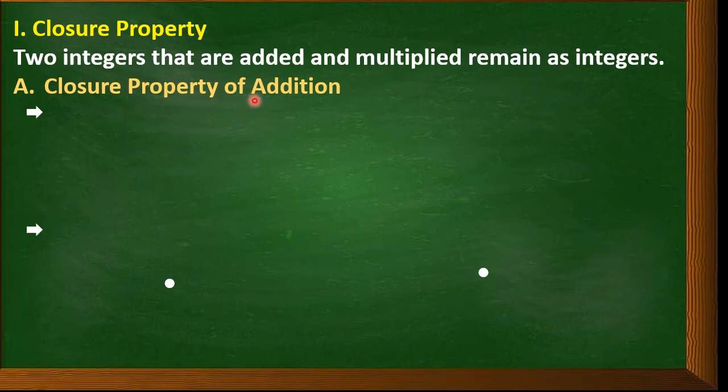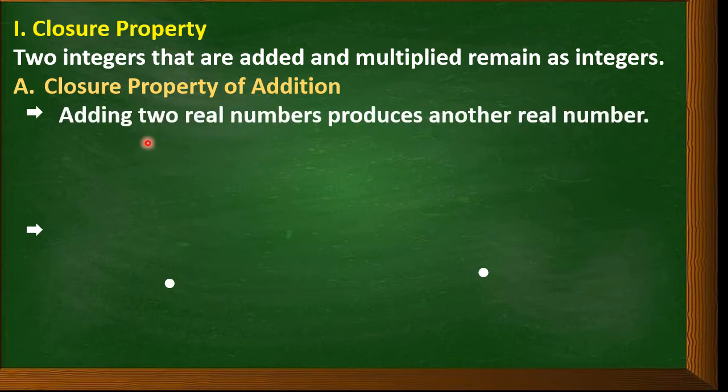Closure property of addition, meaning adding two real numbers produces another real number. Example, if we have 2 plus 3, that is equal to 5. 2 and 3 are both real numbers, and their sum is also a real number.